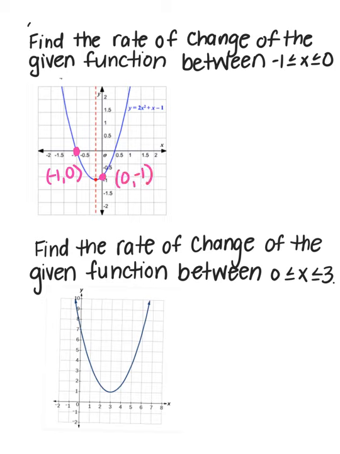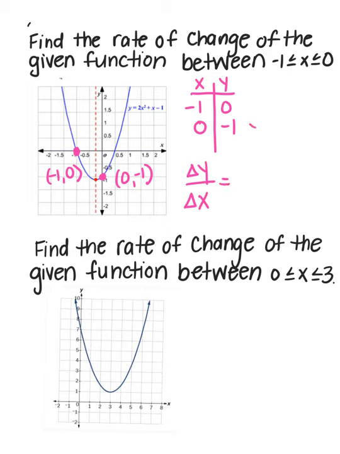I'm going to be looking at these two points, and you can make your own table if you feel more comfortable looking at it in that format. But I have (-1, 0) and (0, -1), and they want to know the rate of change. Again, we're going to do the change in y over the change in x.